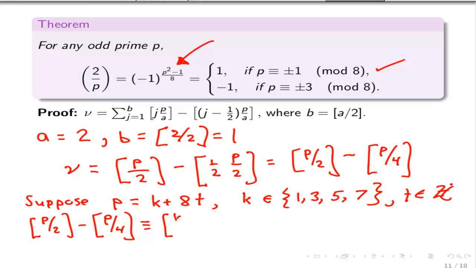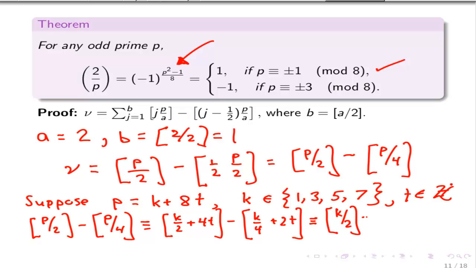So that would be k/2 plus some even number, 4t, and this is k/4 plus an even number. So these even numbers you can pull out of the brackets, and eliminate when you're working mod 2. So this is just [k/2] minus [k/4] mod 2.